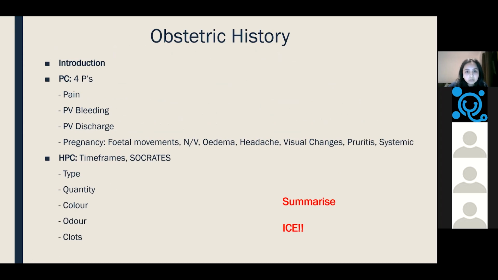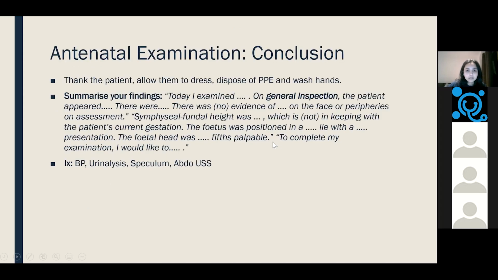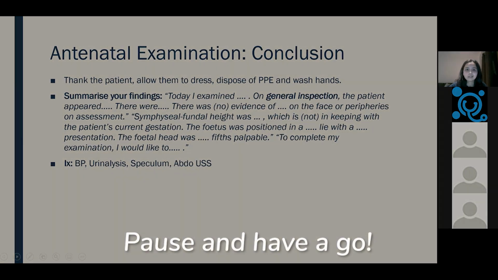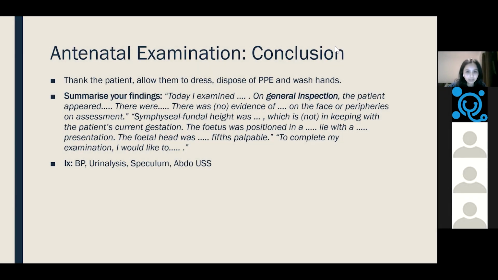And now we go on to the obstetric history. Okay, so if I go back, could you tell me what problems pregnant ladies usually present with? Just type in anything. Okay, spotting.